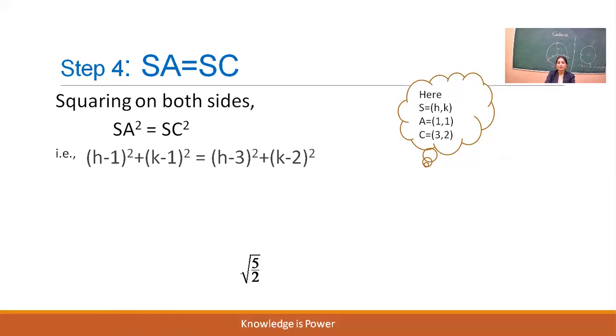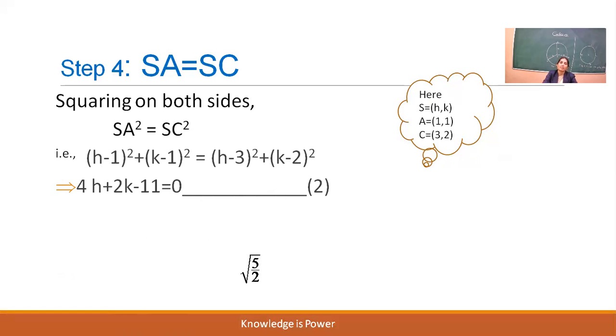So we can find SA square using the same formula, root of x2 minus x1 whole square plus y2 minus y1 whole square. And S is h comma k and C is 3 comma 2. Again, we'll simplify the above equation using a minus b whole square, and the h square terms and k square terms get cancelled. We have 4h plus 2k minus 7 equal to 0.